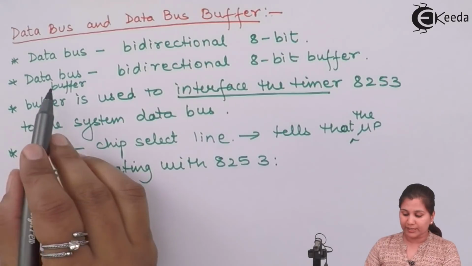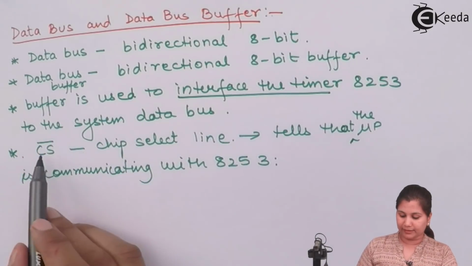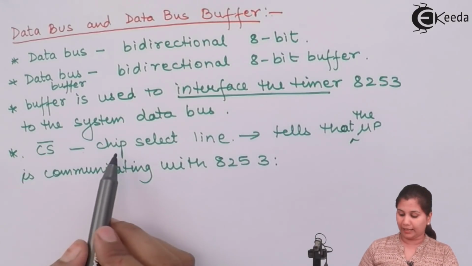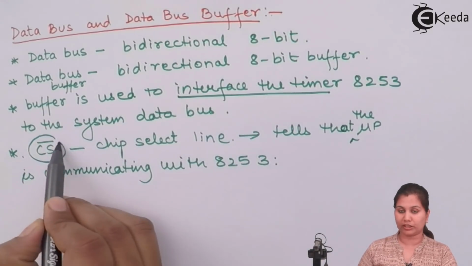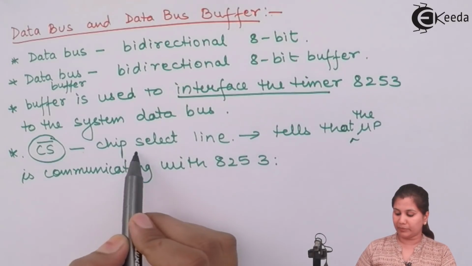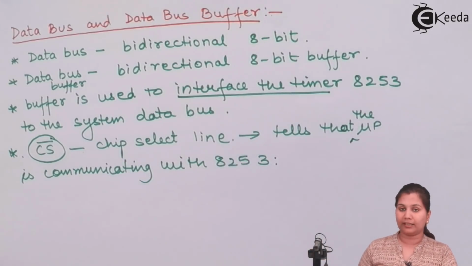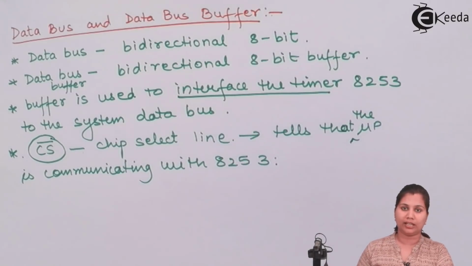So the operation of this data bus buffer is controlled by the chip select line. If it is low, because it's an active low signal, it means that the microprocessor wants to communicate with the 8253 IC.